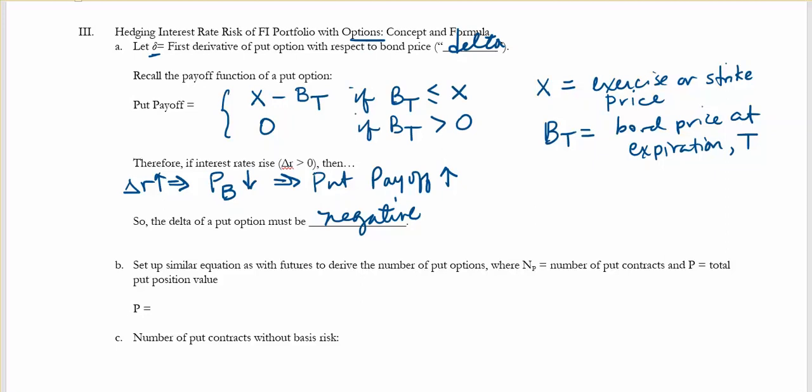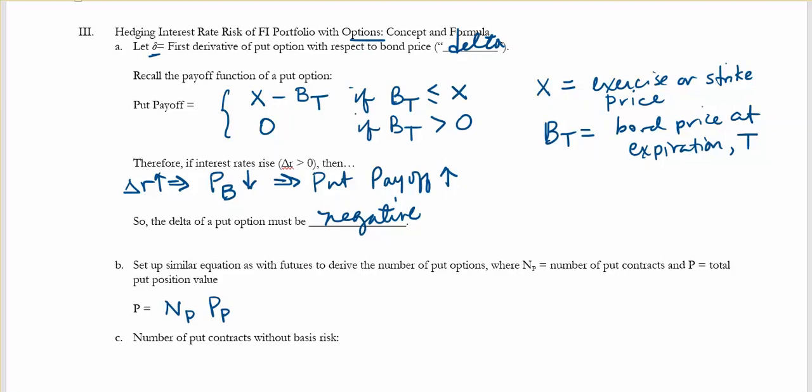All right, so we're going to define the price of the put position as the number of puts times the price of a single put contract.